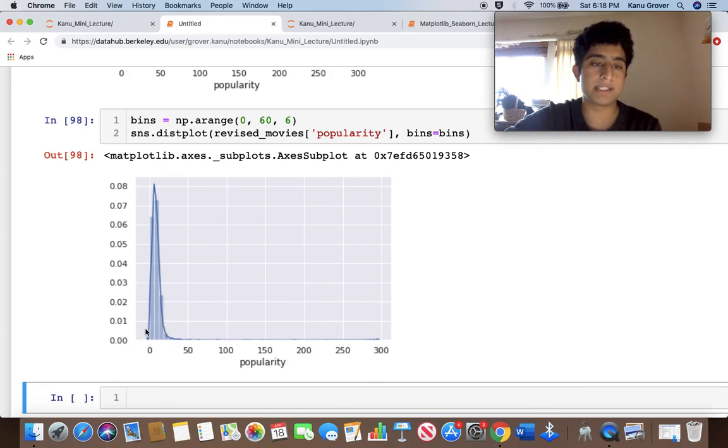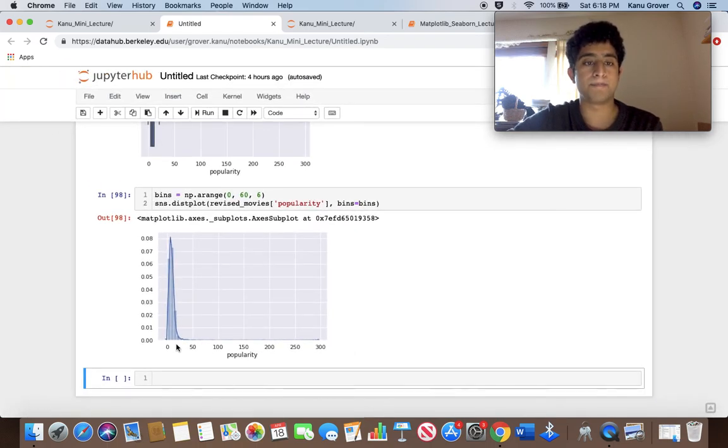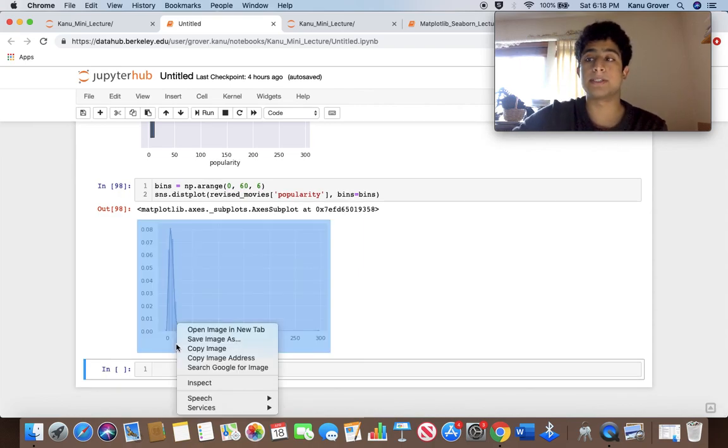If you guys can see it, it's normally distributed, goes all the way up, comes all the way down, and it's a pretty good normal distribution in terms of the popularity, which makes sense, since movies on average tend to have an average popularity. That makes total intuitive sense.